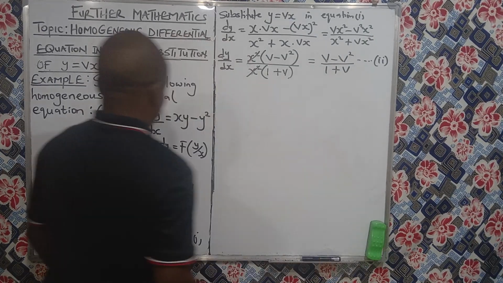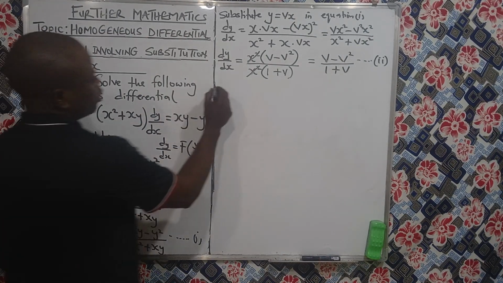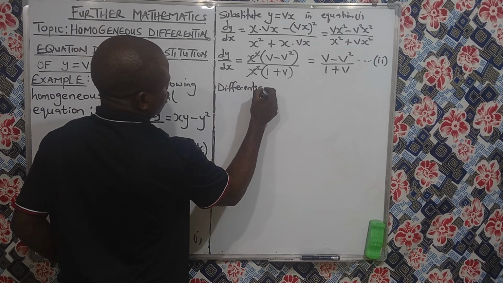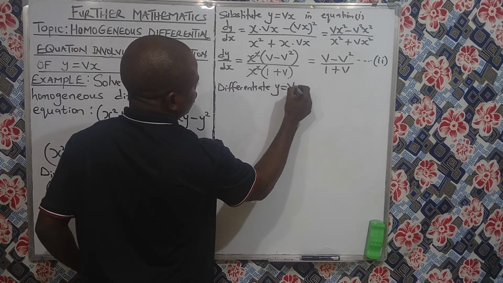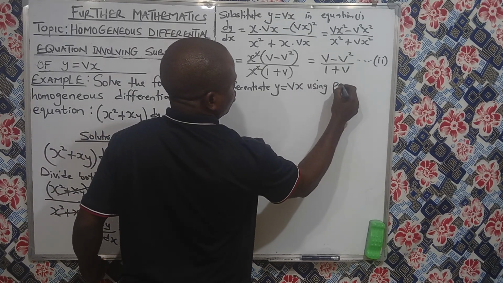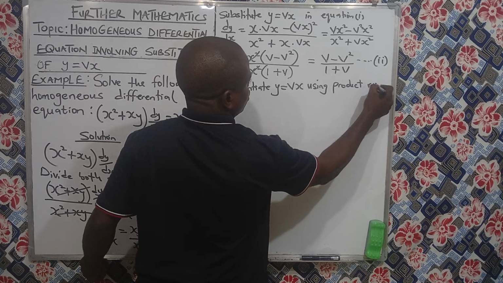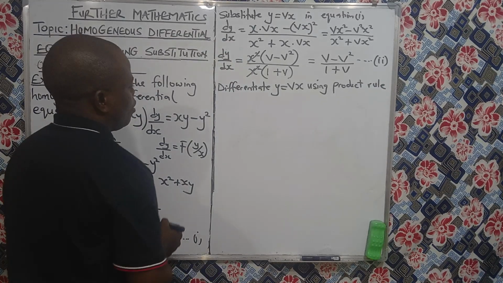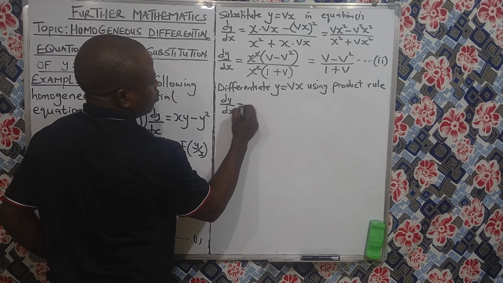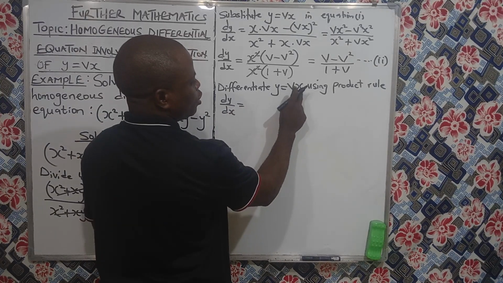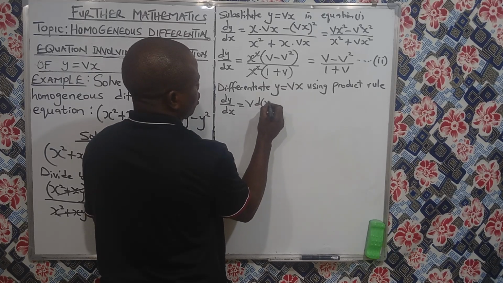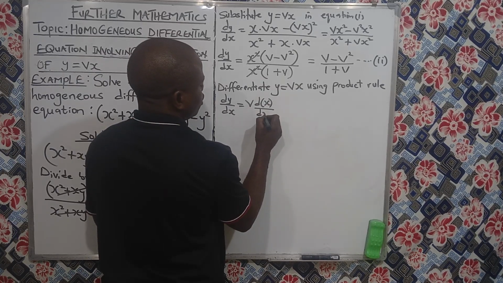From here, we can now differentiate y equals vx using the product rule. And you now have dy over dx equals, you keep this v, you differentiate x first, keep it like this, dx over dx.